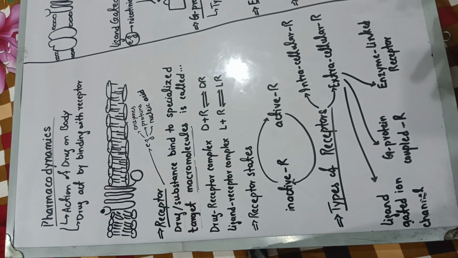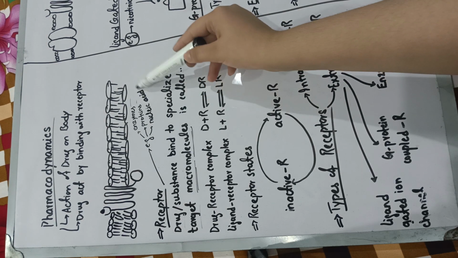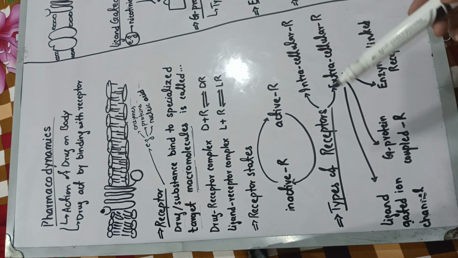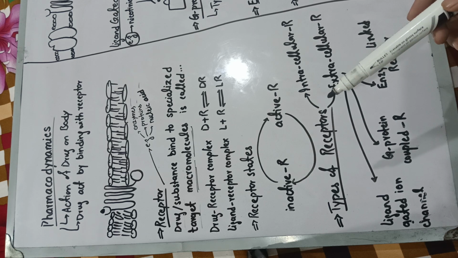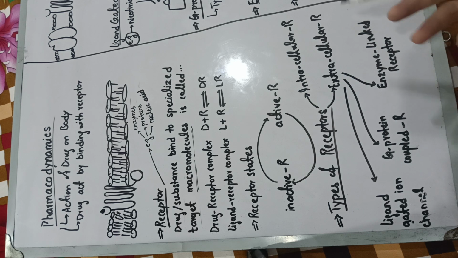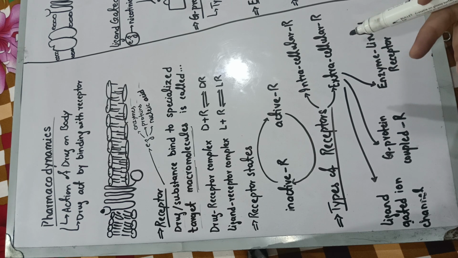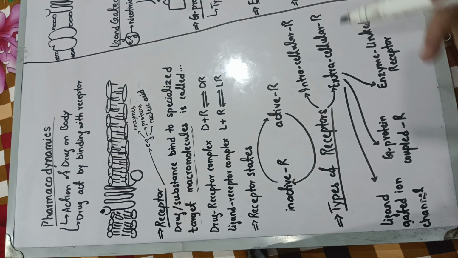Some substances are also present inside your body, like enzymes, proteins, and nucleic acids. They can act as receptors in your body. Like enzymes, you know very well that they have a specific kind of binding site on them, which is called the active site, on which a specific substance is going to bind and then perform its action. So they are types of receptors actually.